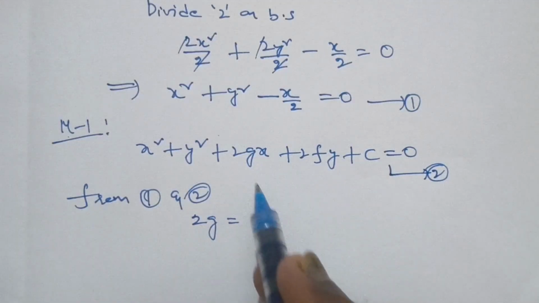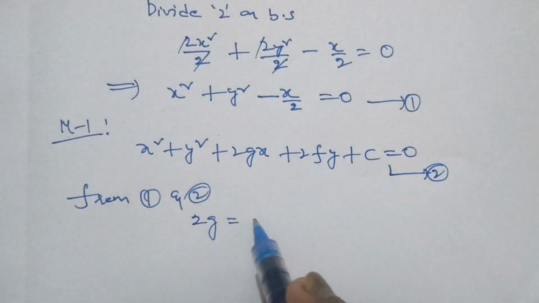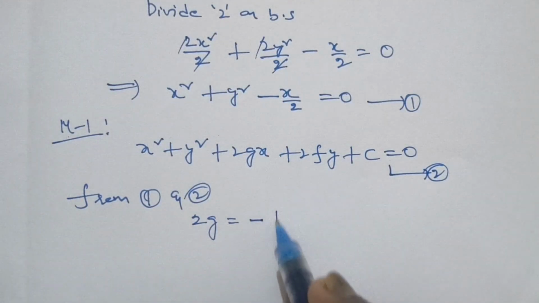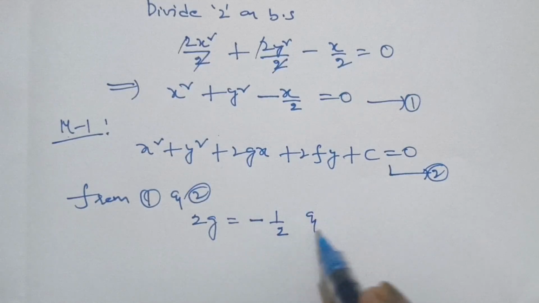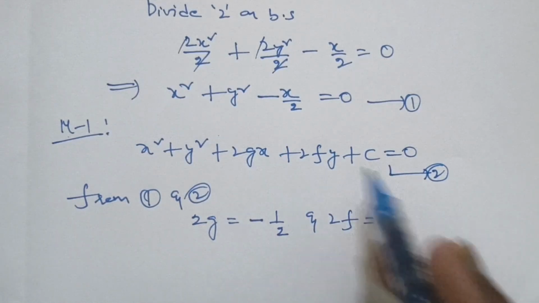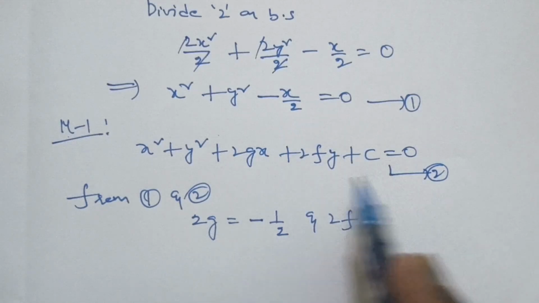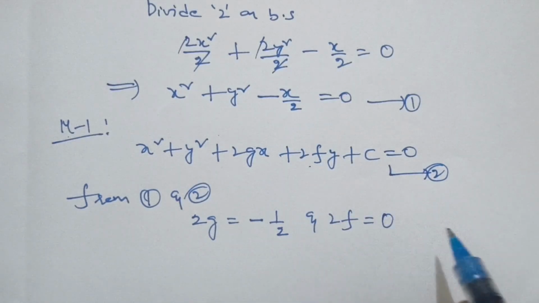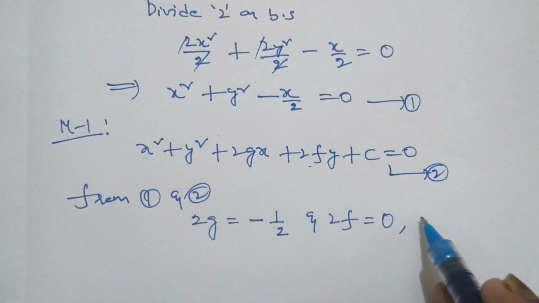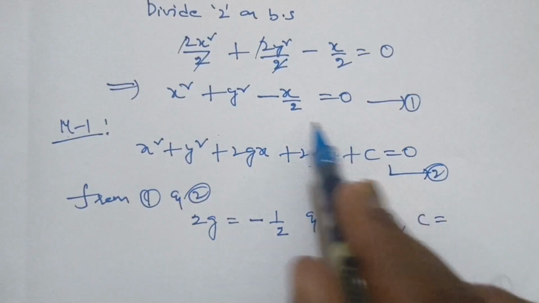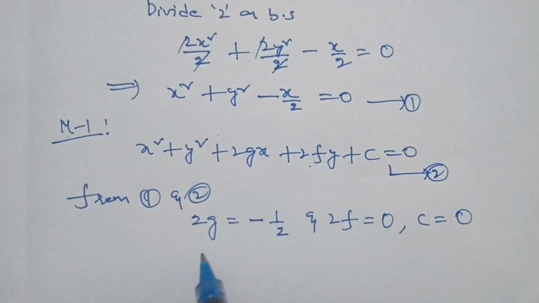Compare x coefficients of equation 1 and 2. X coefficient is 2g. In equation 1, x coefficient is minus 1 by 2 and y coefficient is 2f. In equation 1, there is no y coefficient. That's why that is 0. And constant c equals to, there is no constant value in equation 1. That's why that is also 0.